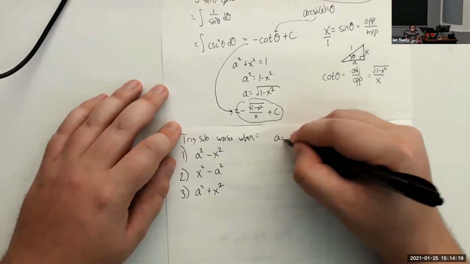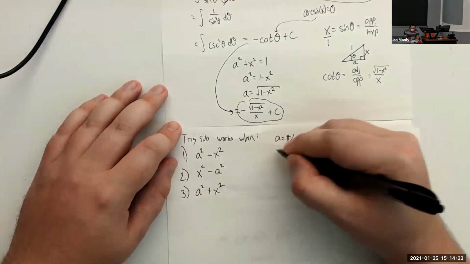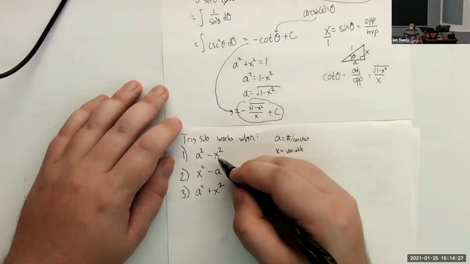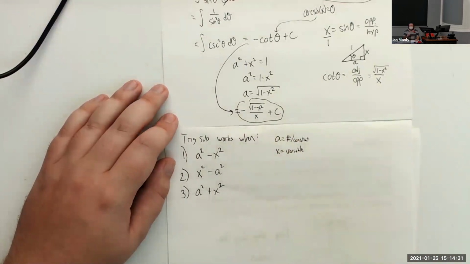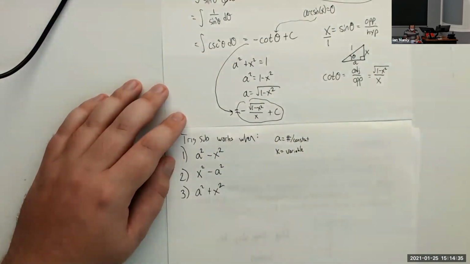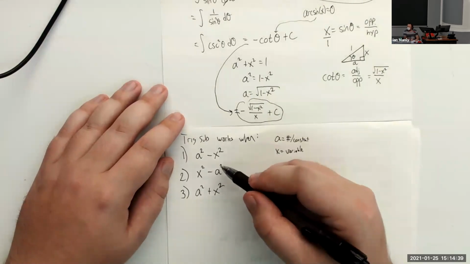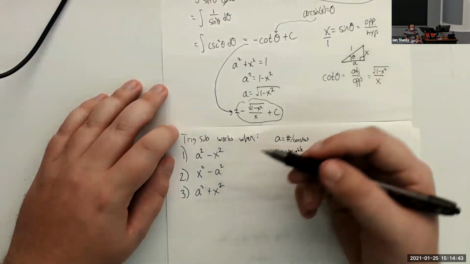By the way, a is a number or a constant. x is a variable, but it could also be something else squared. So maybe it's like e to the x squared or something. It could be something a little bit different from just x, but it's got to involve the variable, and it needs to be squared. So if we have one of these three situations right here, then we could use trig sub.